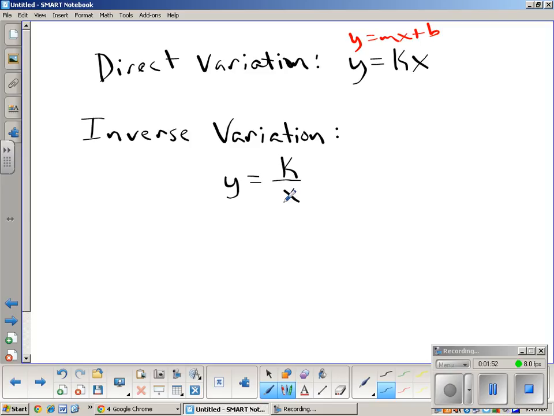So, where can y-intercepts appear on this?